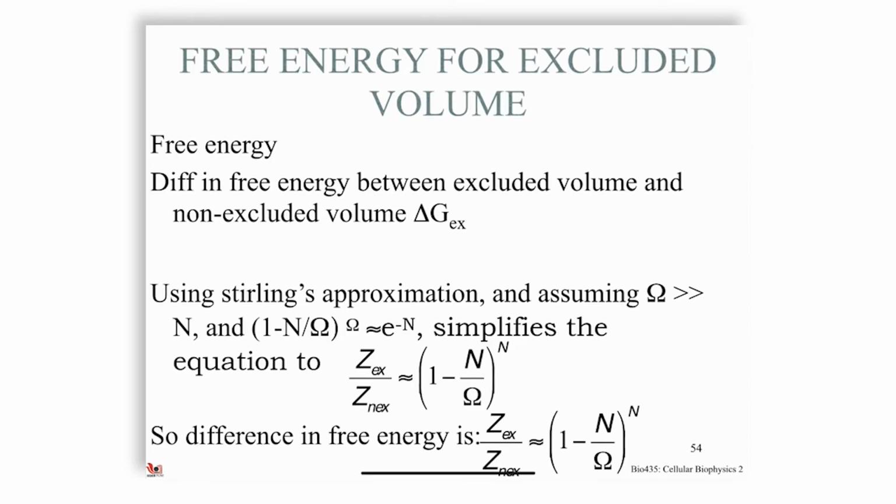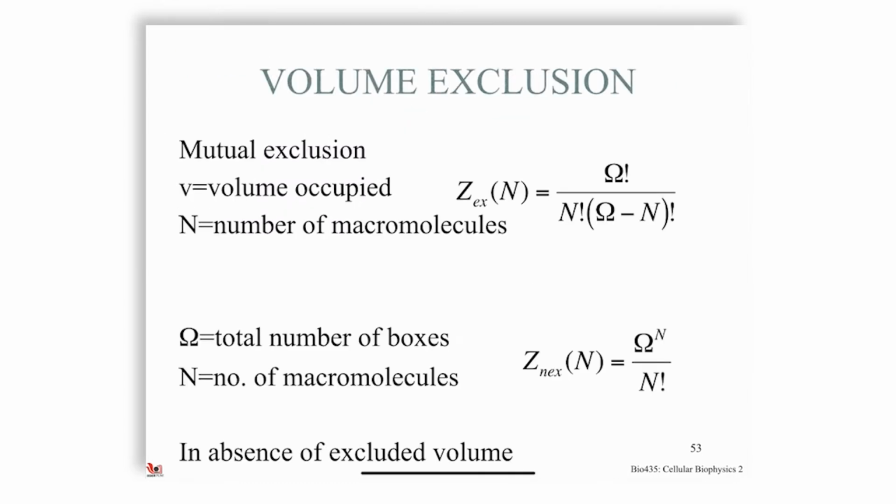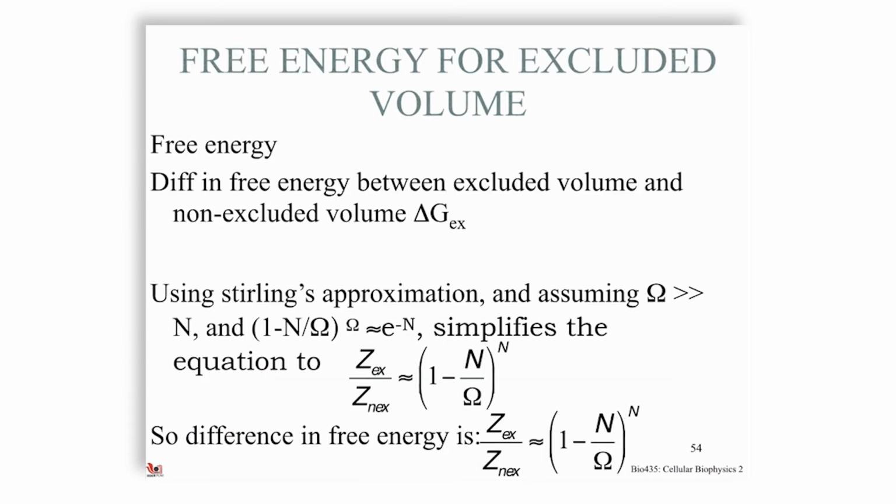The free energy for excluded volume then becomes G is minus kBT times natural log of Z. And using Stirling's approximation and assuming omega, the number of lattice sites, is much greater than N, which means again the dilute limit, which is a little ironic because we're considering crowding. But the arithmetic works.